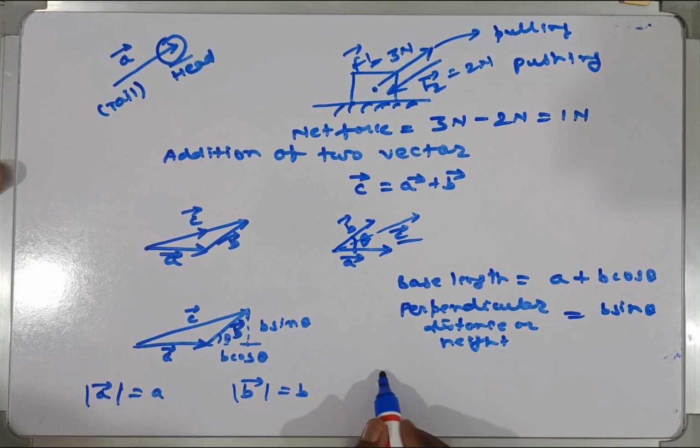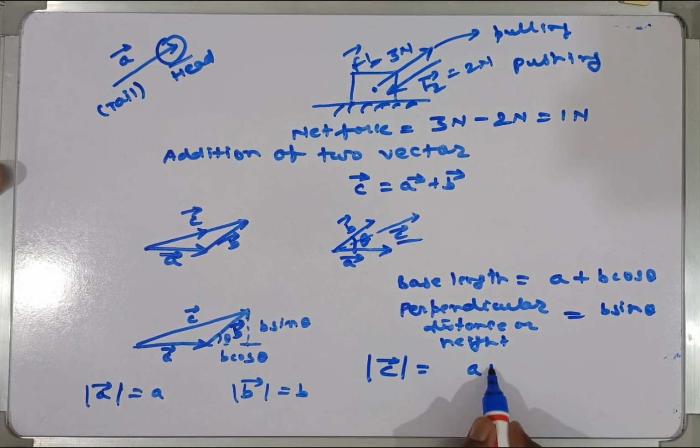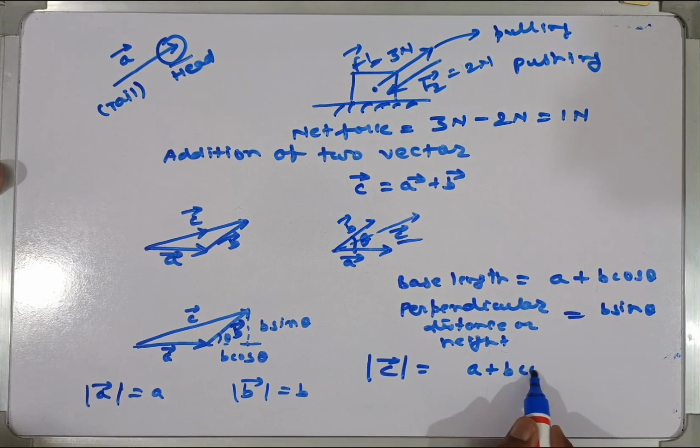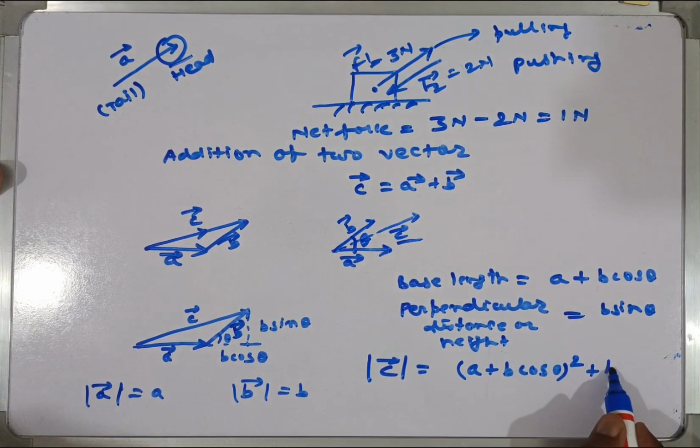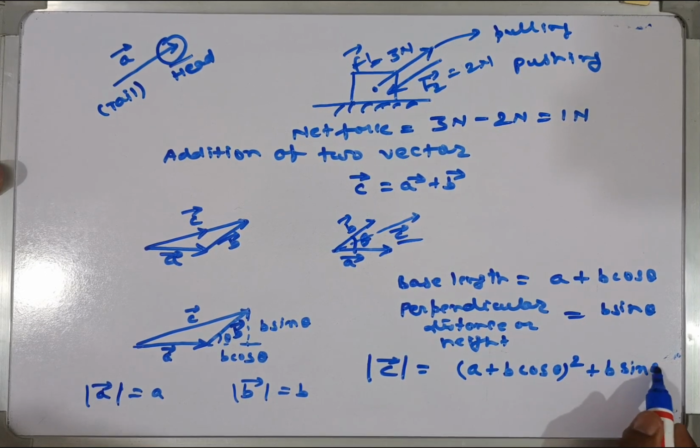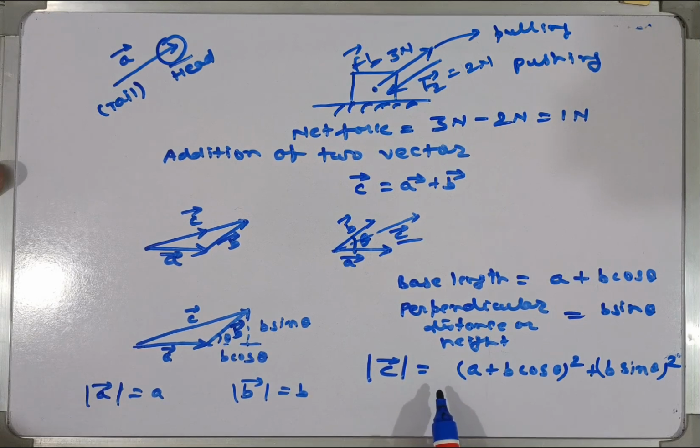So here if we say C vector has a magnitude like this, it must follow the triangle rule of the right angle triangle, which we discussed at the start of our video.